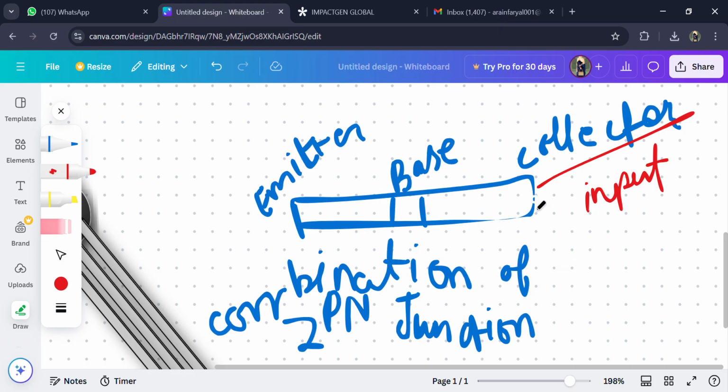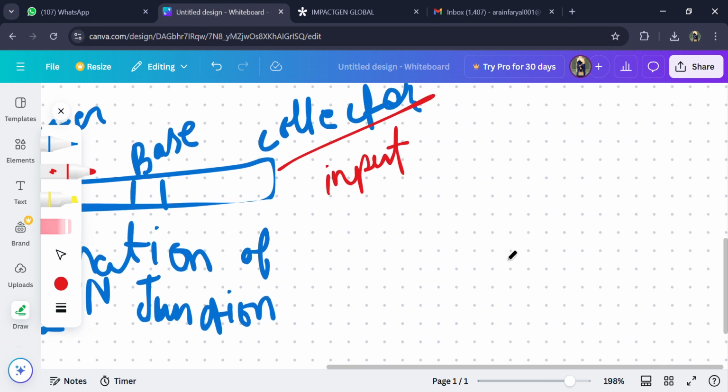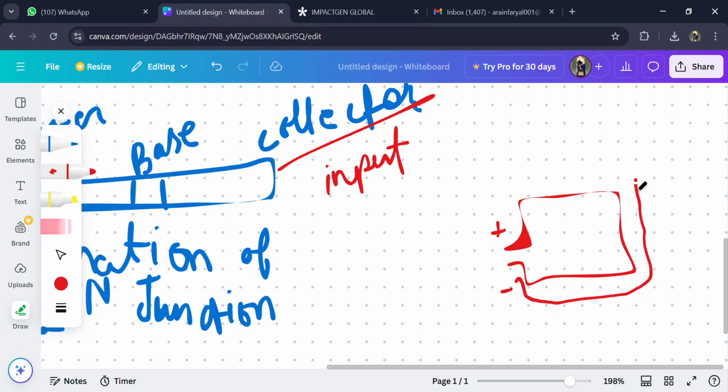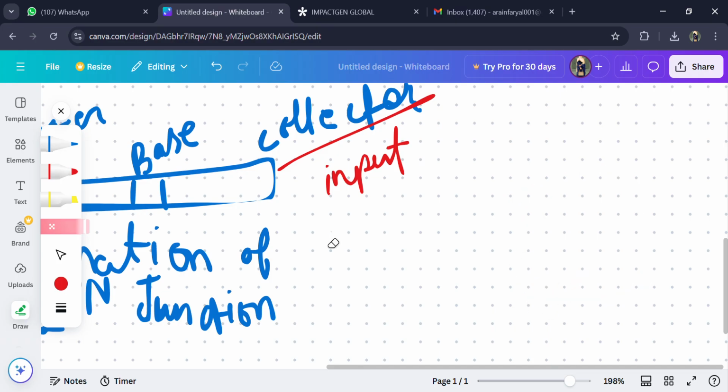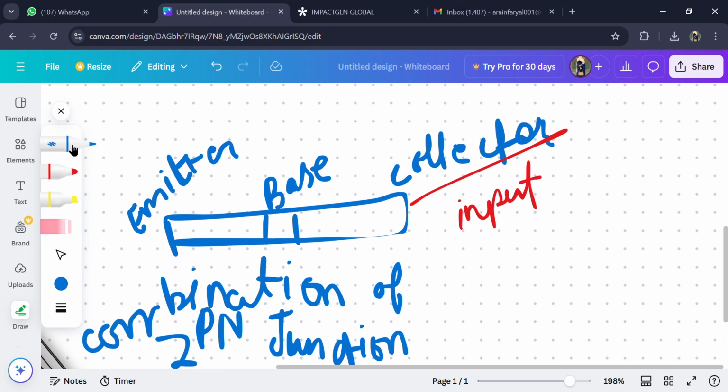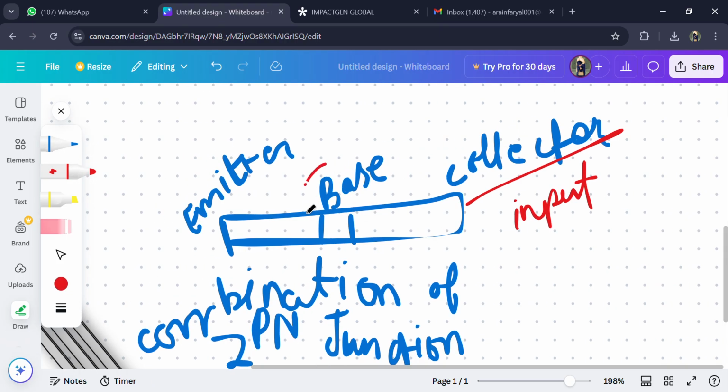Suppose we are talking about a circuit, so our circuit always has a positive terminal and a negative terminal, and we all know in the cathode and anode version, the negative electrons move from the negative side to the positive side. Now this negative side in terms of the transistor is known as the collector, which is attached with the external source of current. Then in between we do have a base.